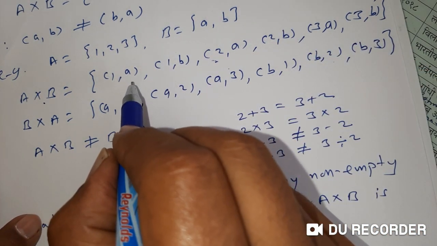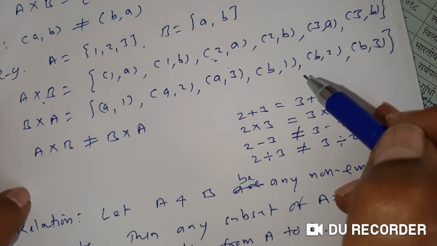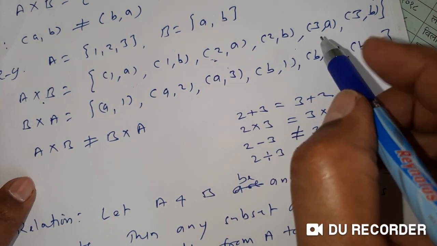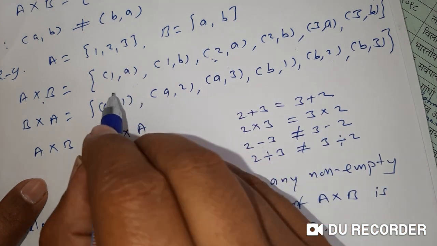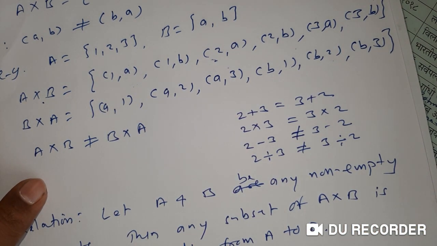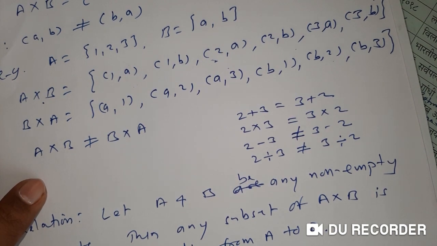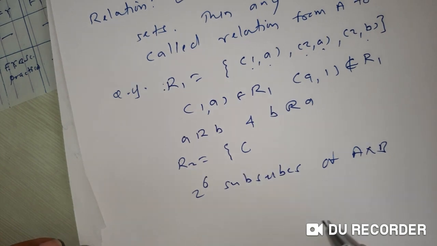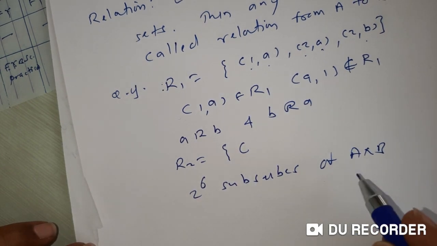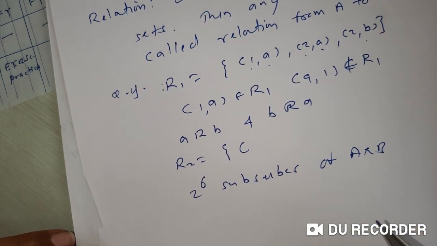If we take all 6 elements in the set, then it also becomes a subset of this set. So this set contains 6 elements, and so we have 2 raised to 6 subsets of this A cross B. That is, we have a total of 2 raised to 6 different relations from A to B.